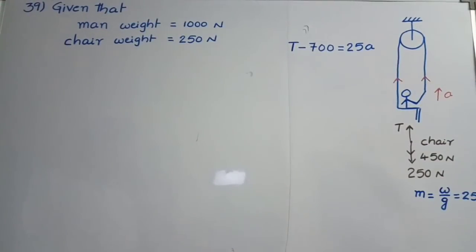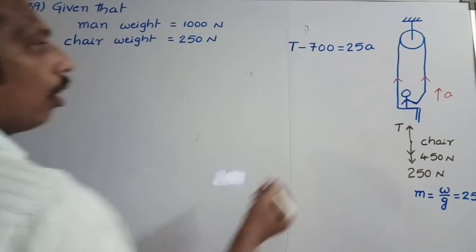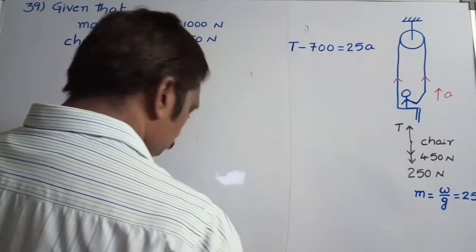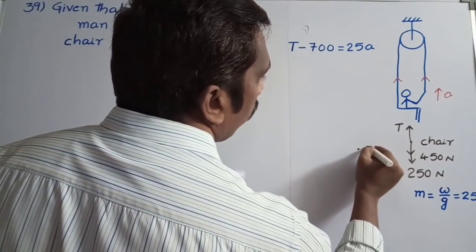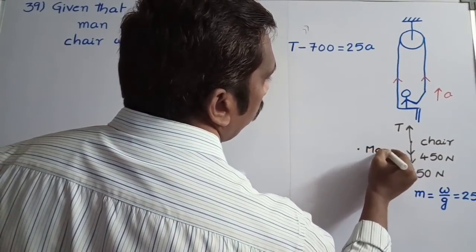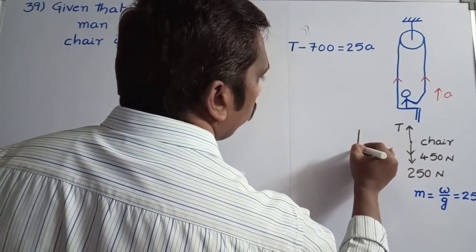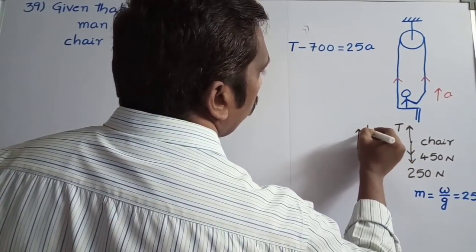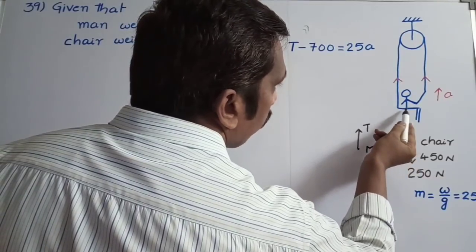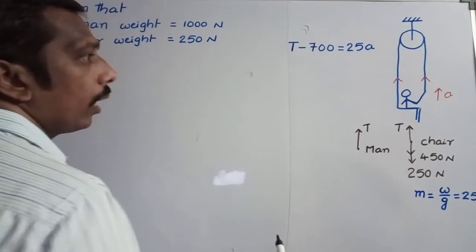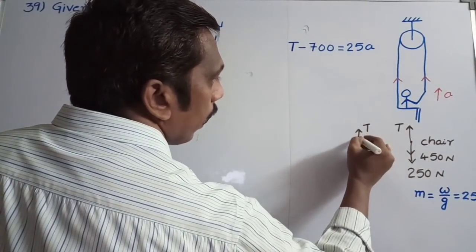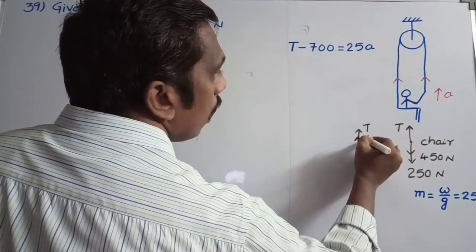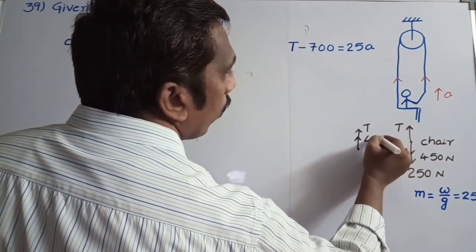Next, come to the man. On the man, what are the forces acting? Tension is acting in the upward direction. The normal reaction exerted by the chair is acting upward. The man exerts 450 Newton on the chair, that's why the chair is also exerting the same 450 Newton in the upward direction.